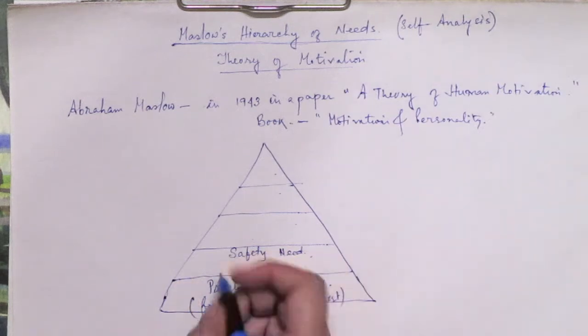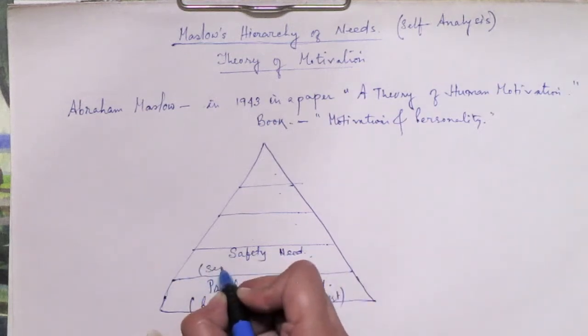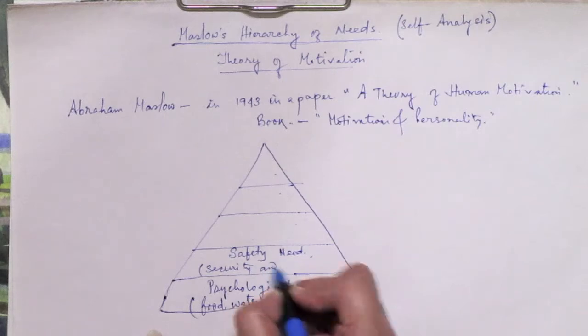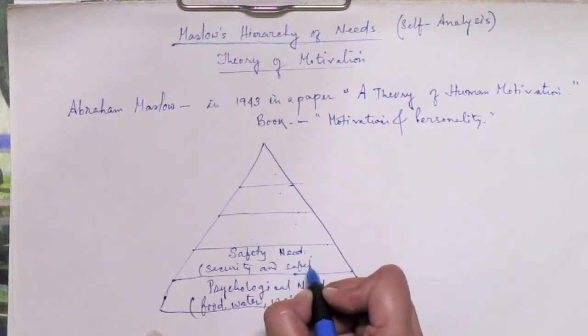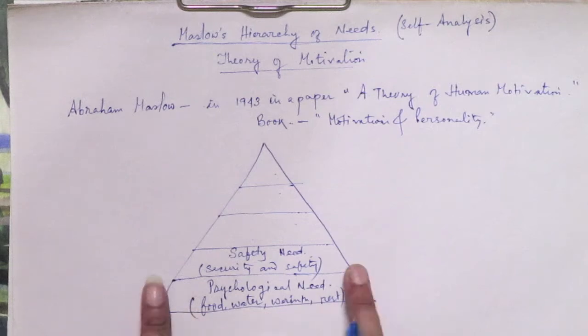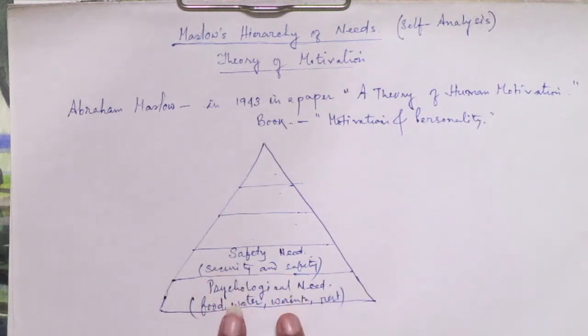It is security and safety. So first of all, any individual will seek food, shelter, water and rest. Any human body, to live and to breathe, needs these particular things.